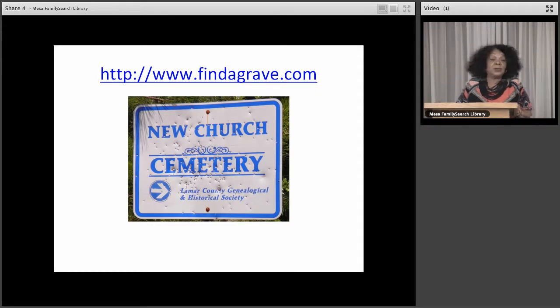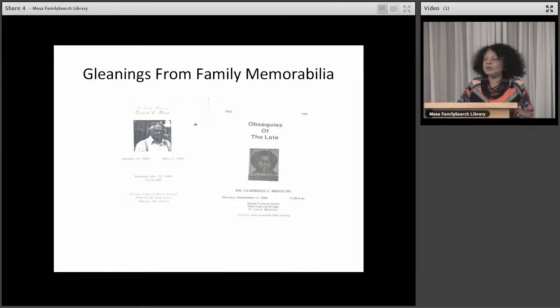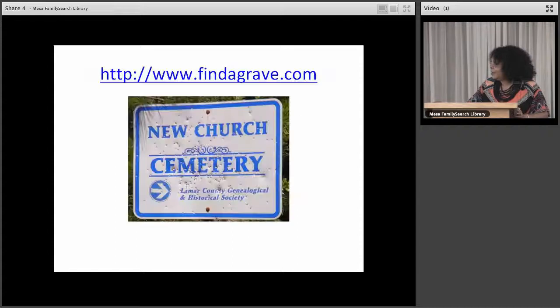They go out, they record the tombstones, they do GPS locations, because a lot of these cemeteries are back off in the woods now. Some of them, somebody just stumbled on, oh look, there's tombstones. The genealogical and the historical societies are your best friend on that.